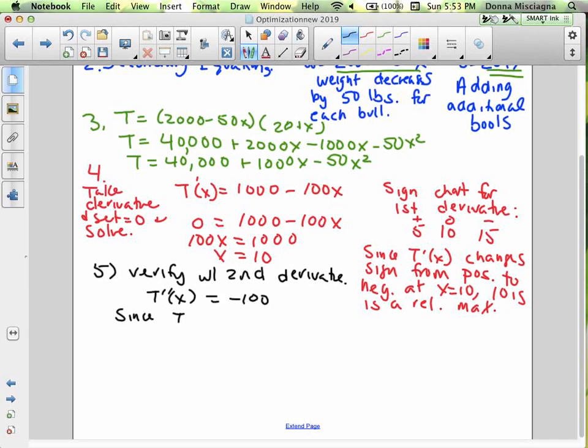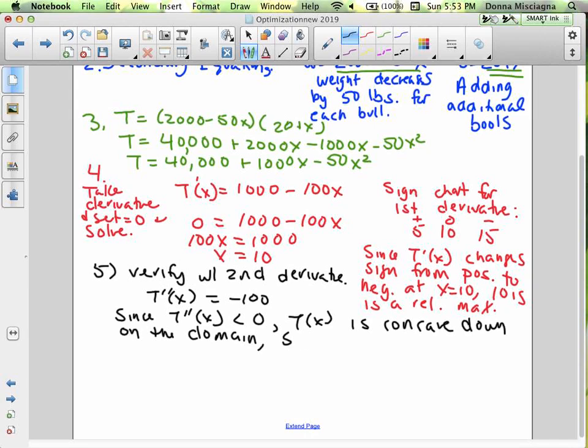Since T double prime of x is less than 0, T of x is concave down on the domain, which supports x equals 10 is a relative max.